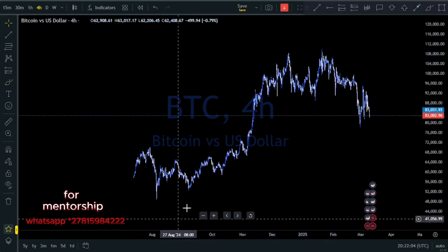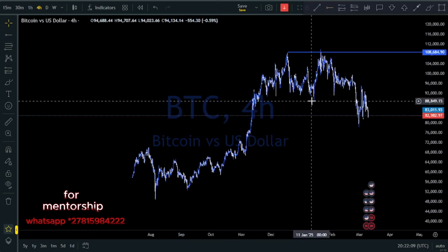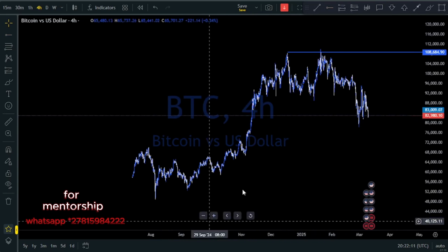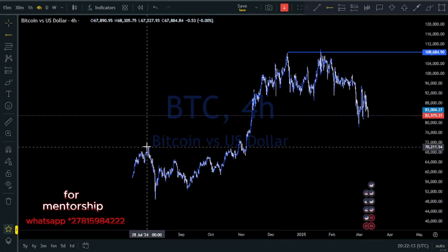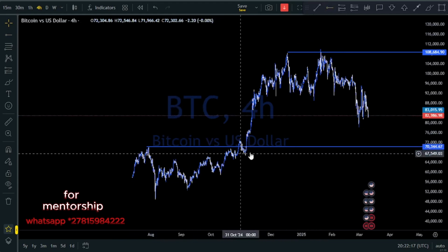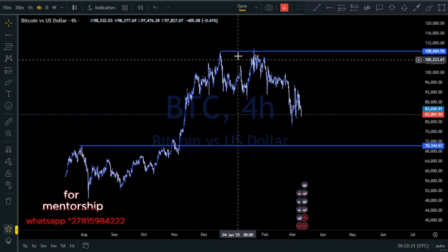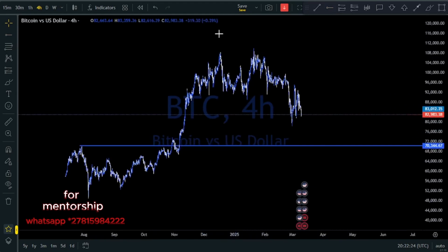You understand? So after I saw this, I knew that the market might come to this high to retest these highs. So I put the ray line there, and then this is removed.